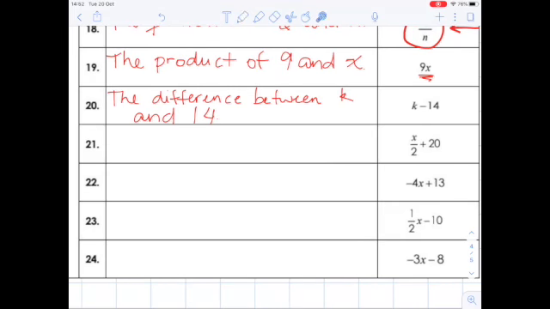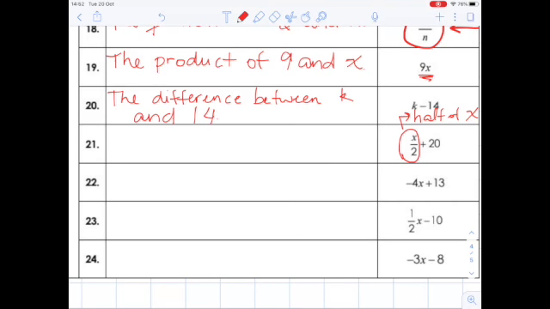Number 21, I have x over 2 plus 20. So this is going to have to be broken down, right? Because x over 2, how could we say x over 2 in a nice language, right? We could say, for example, half of x or half of a number, right?